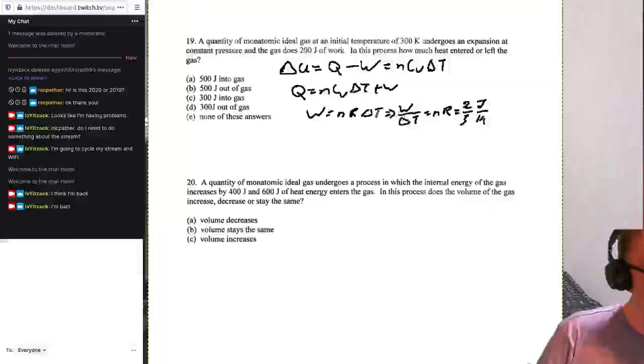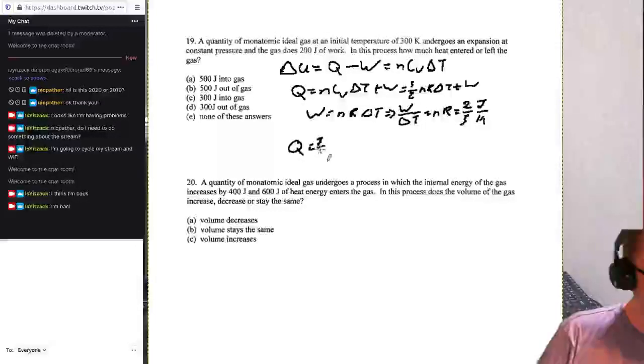So this becomes nCV delta T plus the work, where CV is 3/2 R. So Q is 3/2, we're told the nR.